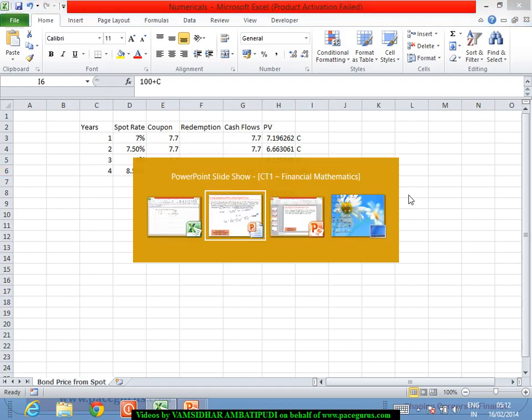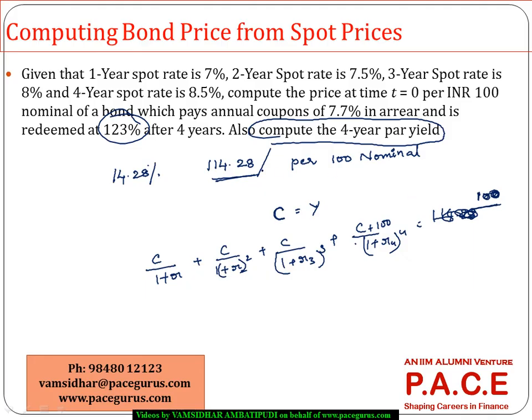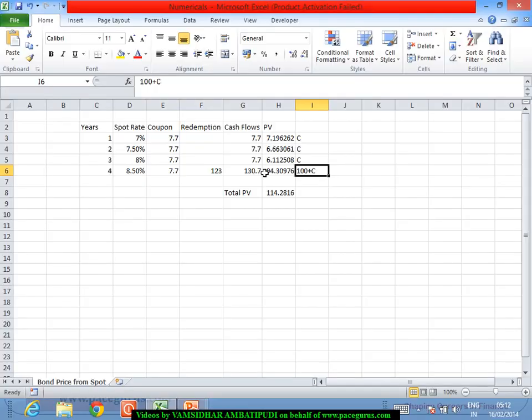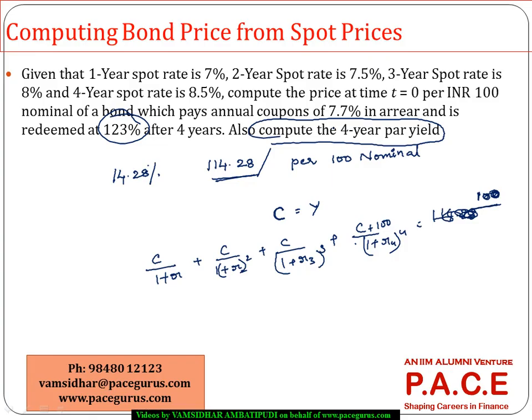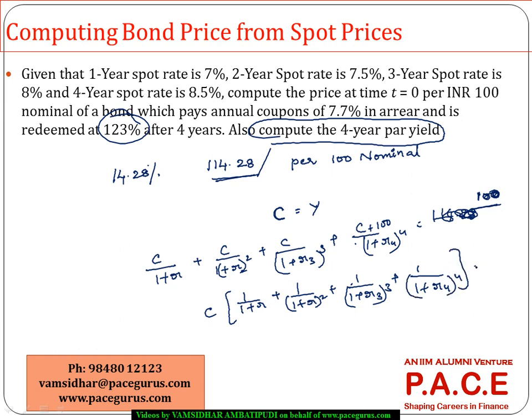So for that, how do I find it out? I simplify this, divided by 1 plus r, this divided by 1 plus r squared. If I take out the C, it is nothing but 1 by 1 plus r1, 1 by 1 plus r2 squared, each year's spot rate itself, 1 by 1 plus r3 cubed, 1 by 1 plus r4 to the power 4, plus 100 by 1 plus r4 to the power 4, equal to 100.